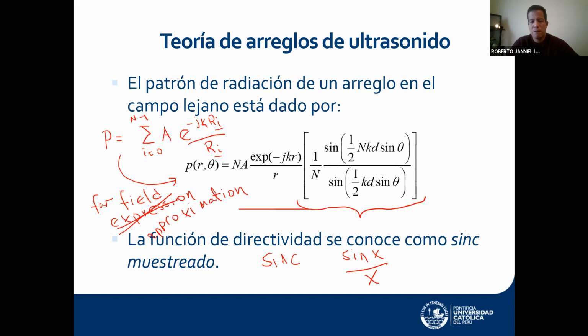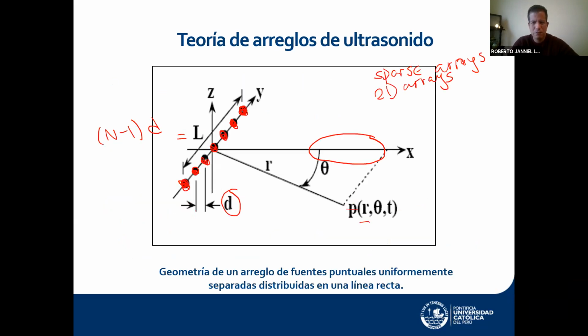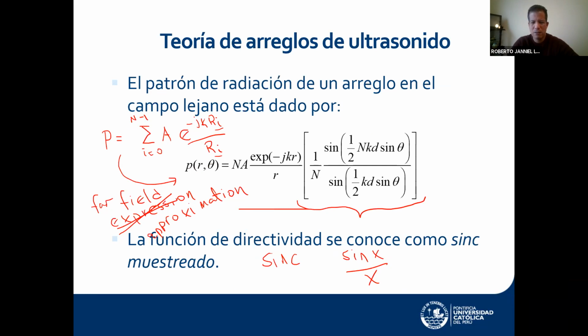And when you really think about it, it's not that illogical that it would relate to a sinc function. Because if the argument of the sine in the denominator gets to be very, very small, what would that mean? That would, for example, mean that the separation between the point sources in the array is very small, right?